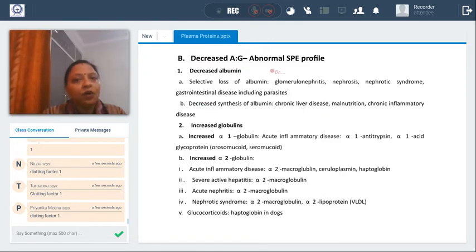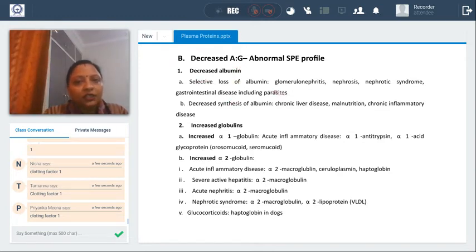Decreased AG or abnormal SPE profile means decreased albumin and increased globulin. In the case of decreased albumin, various conditions: glomerulonephritis, nephrosis, decreased synthesis of albumin in chronic liver diseases, malnutrition, and various chronic inflammatory diseases. These decreased albumin, increased globulin are categorized in this category, decreased AG or abnormal SPE profile.